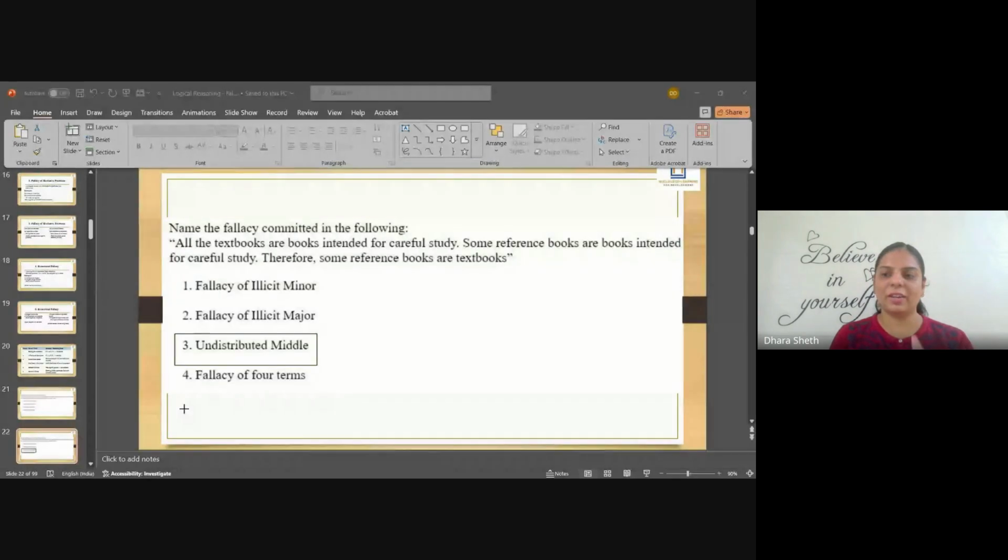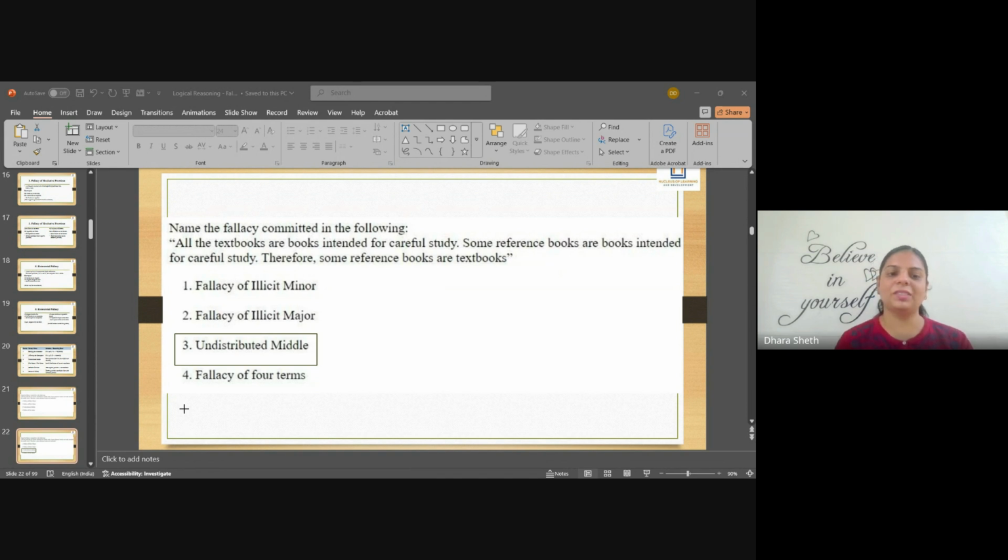Books intended for careful study is not. Some reference books are books intended for careful study. Here, both minor term and the middle term are not distributed. So the middle term is not distributed in either major premise or minor premise. What is the middle term here? Books intended for careful study.